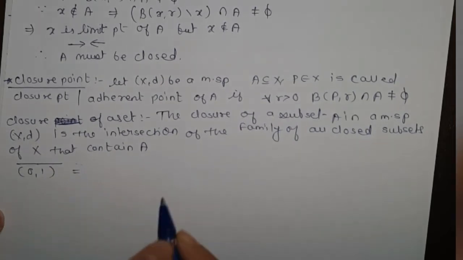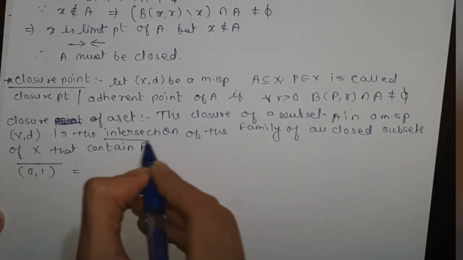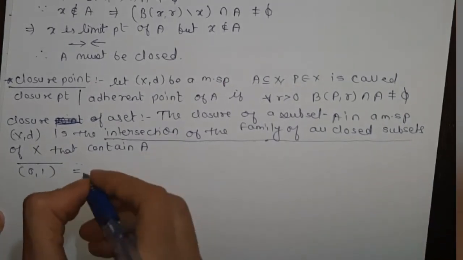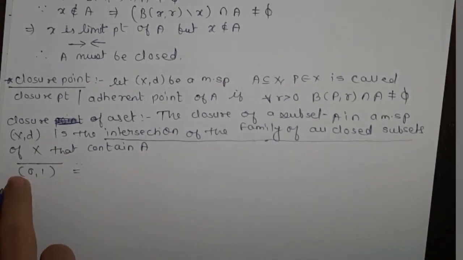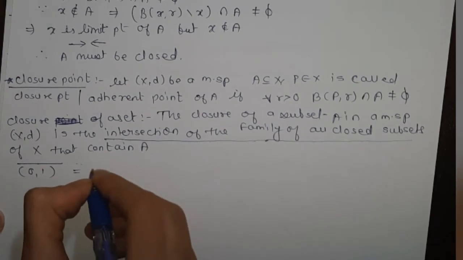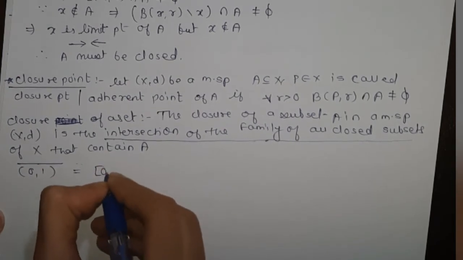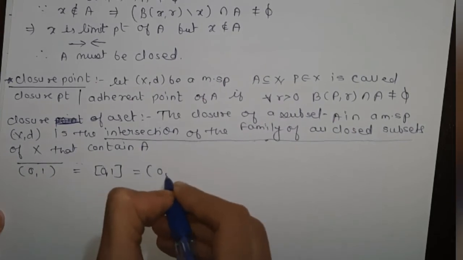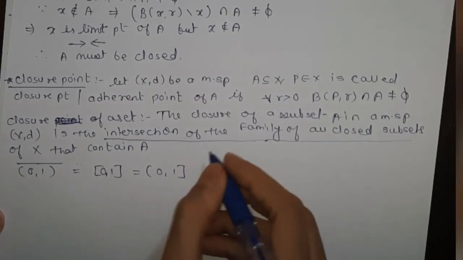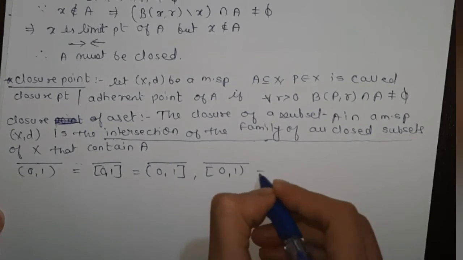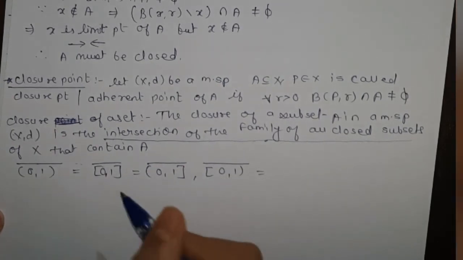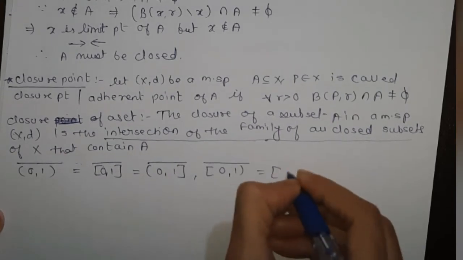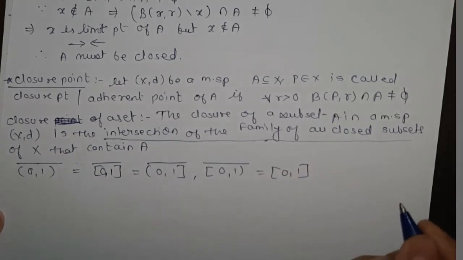The family of all closed sets containing it includes the closed interval [0, 1] and the semi-open, semi-closed intervals. Taking the intersection of these, ultimately you get the closed interval [0, 1].